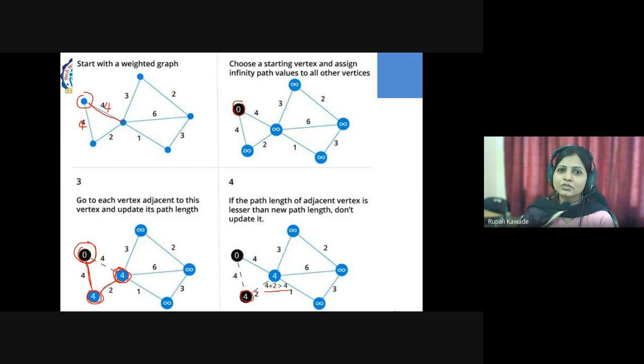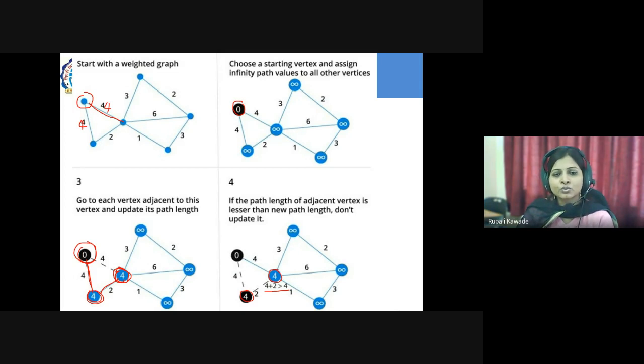The distance of this node is 4. Now we came here. For this particular node we can also find the distance through this node, right? This is 4 and this one is 2, so 4 plus 2 total is 6. But the distance of this node from the 0th node is 4.